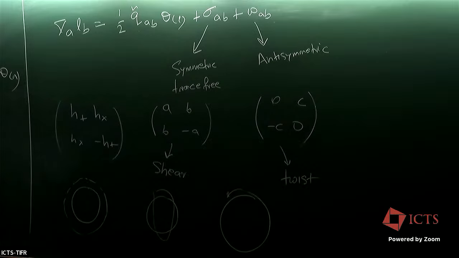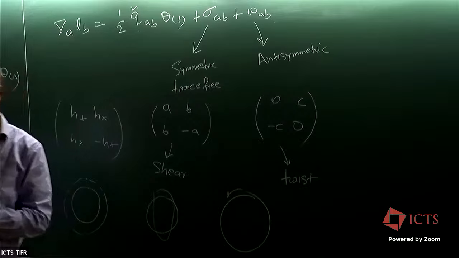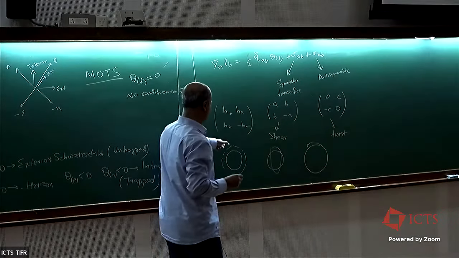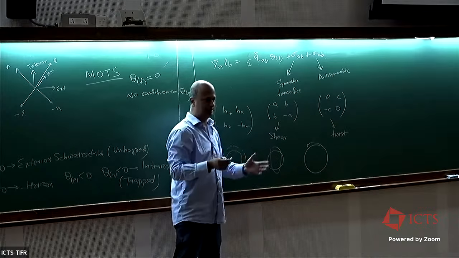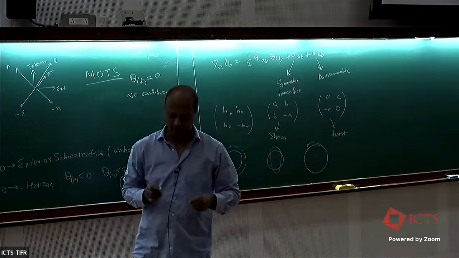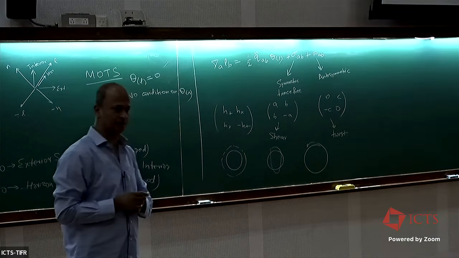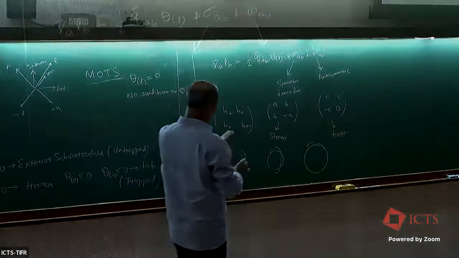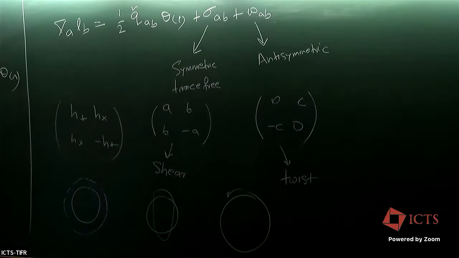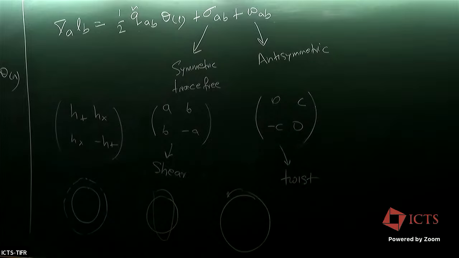As we will see, the shear will be the infalling radiation at the horizon. The expansion vanishes at the horizon, but generally speaking, it shows you the growth of this bundle of light rays as it propagates. And the twist is usually not relevant in our case. So these are what are known as the optical scalars.